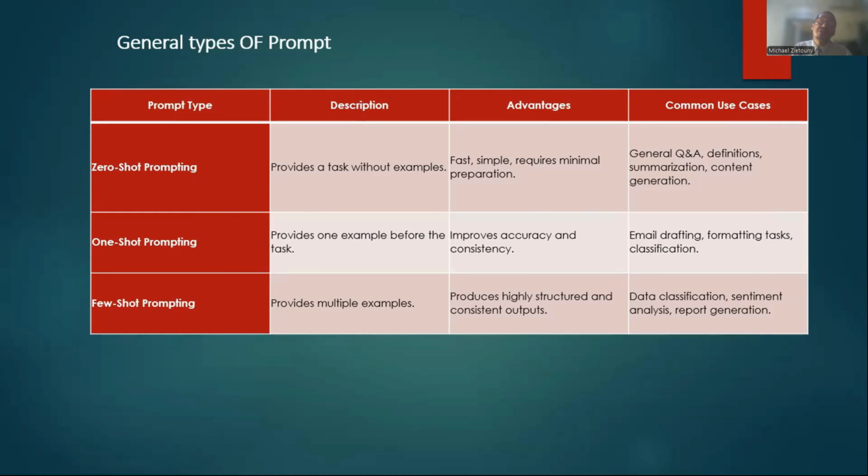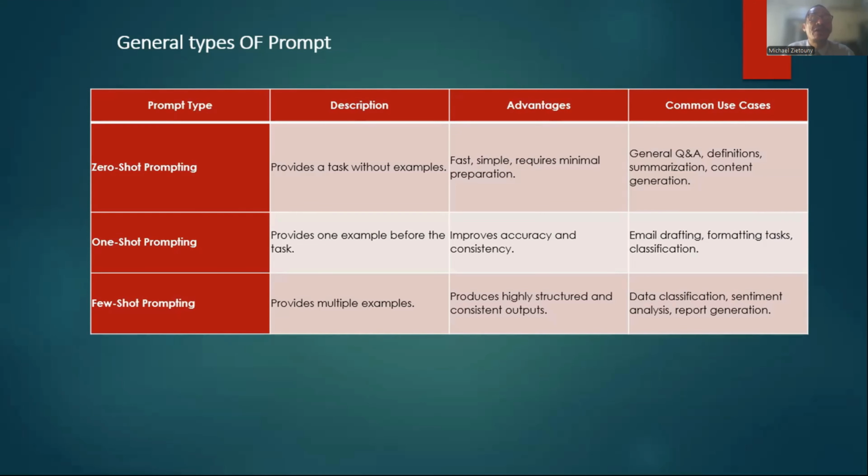Zero-shot prompting, which we will equally give you an example of, provides a task without an example. It is fast, simple, and requires minimal preparation. You can use it for meaningful question and answer, definitions, summarization, and content generation.